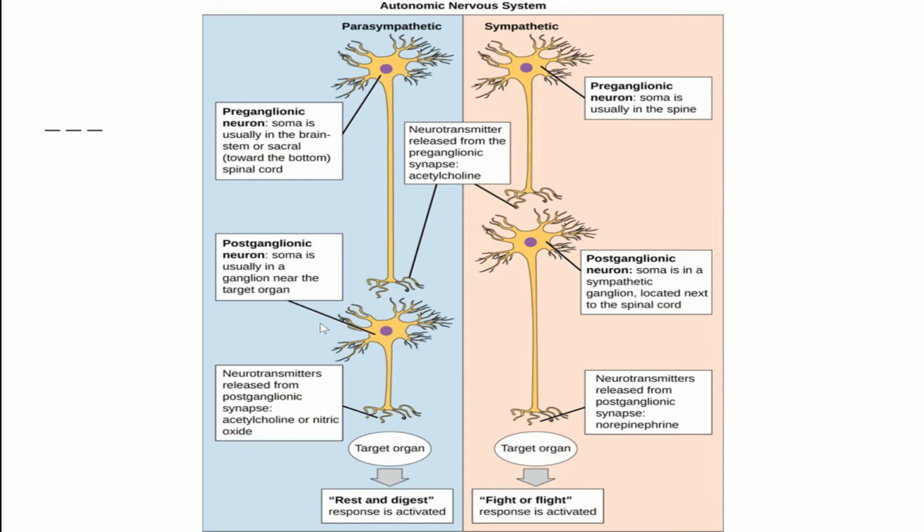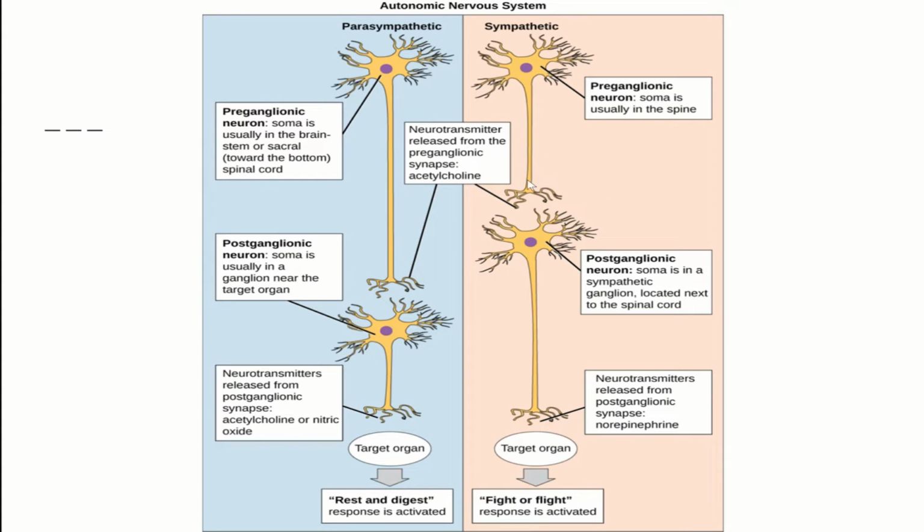So one of the big things I want you to understand is the relationship between the pre and post ganglion. So in the parasympathetic, the axon is longer before we reach the ganglion. So the pre-ganglionic axon is longer.